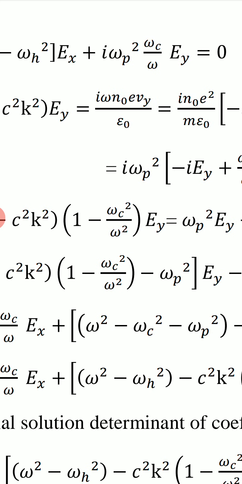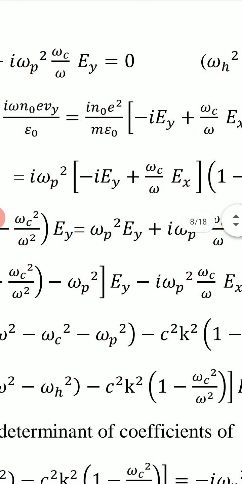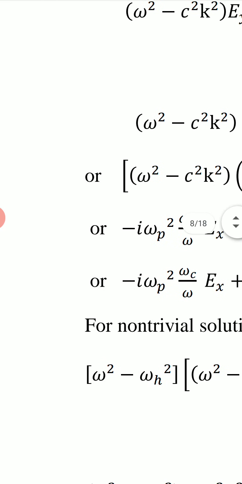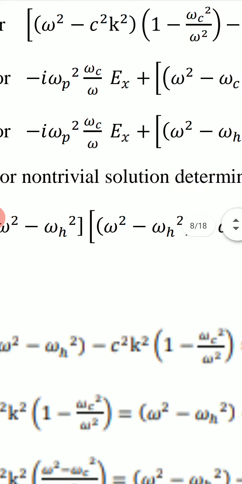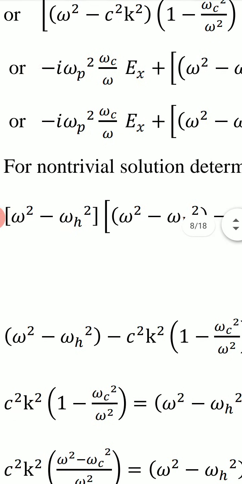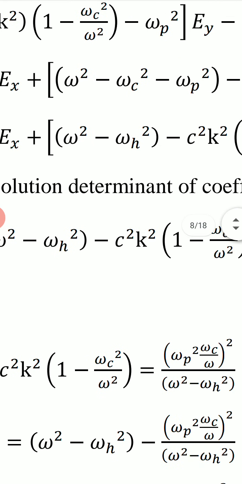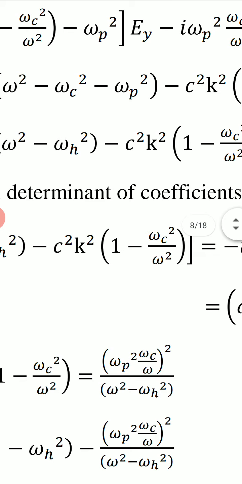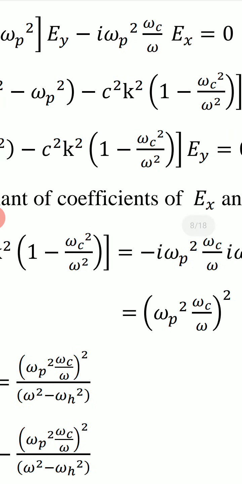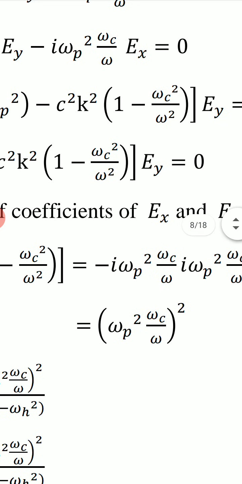Put the value of Vy and simplify this relation, and we obtain this equation: minus i omega p square omega c upon omega Ex plus (omega square minus omega h square minus c square k square into (1 minus omega c square upon omega square)) Ey equal to 0.